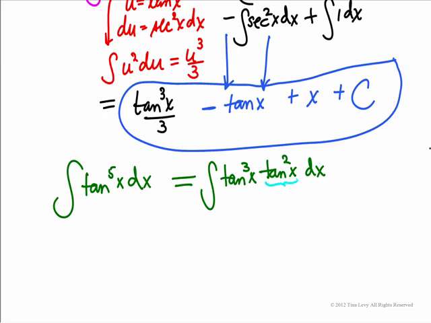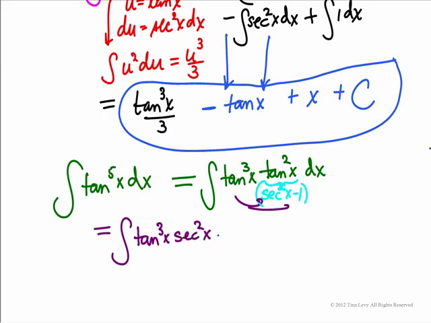We are going to replace the tangent squared with secant squared minus 1. Distributing this through, I'm going to get two integrals. So this will be the integral of tangent cubed x secant squared x dx minus the integral of tangent cubed x dx.